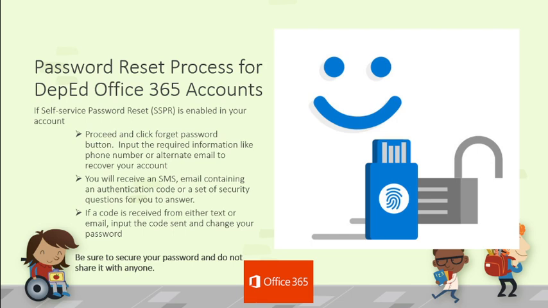If you remember, when you logged in earlier, it asked for your cell phone number, plus 63 956 1234567, then click text me, and it will text you a 6-digit verification code. You have to set up that one so that self-service password reset will be enabled for your account.